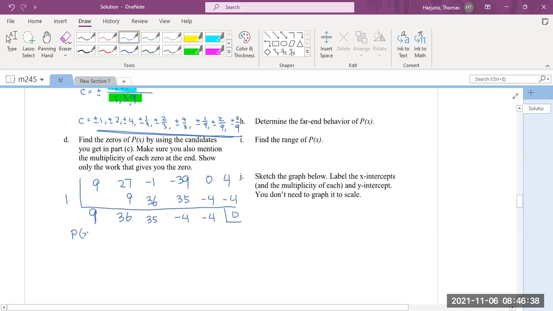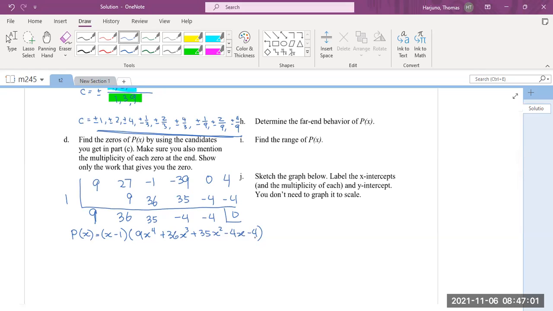Basically, our polynomial now becomes x minus 1 times 9x to the 4th plus 36x cubed plus 35x squared minus 4x minus 4. We already reduced that polynomial from degree 5 to degree 4, which means we have only 4 more zeros to look for. You see what I mean?